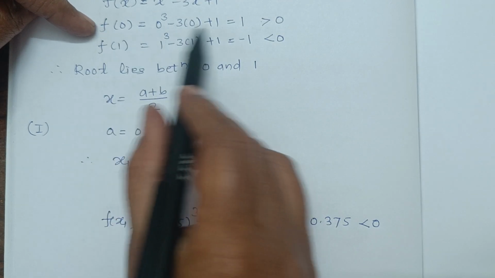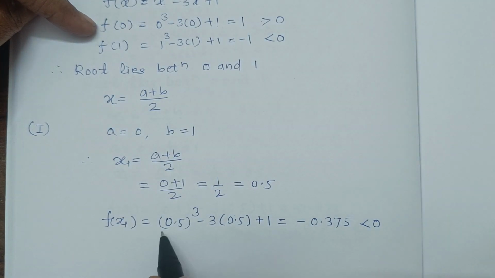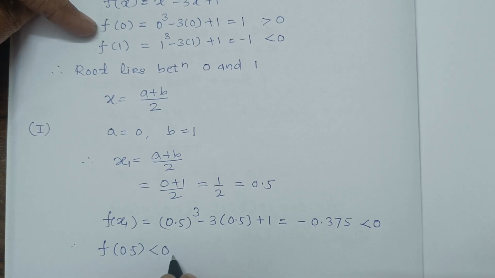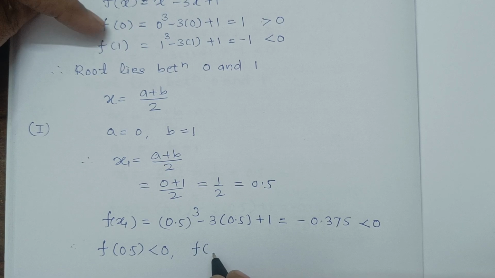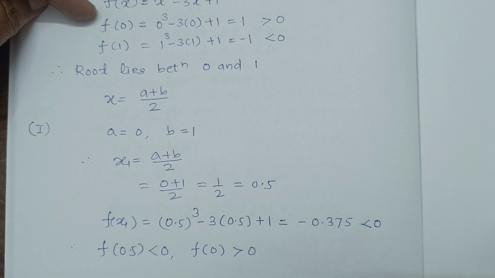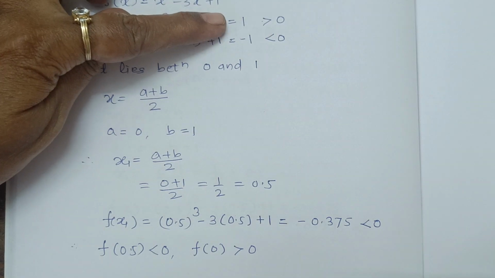Therefore we have to consider this value and this value. Okay, therefore now f of 0.5 is less than 0 and previous greater than 0 value is for 0. f of 0 is greater than 0.